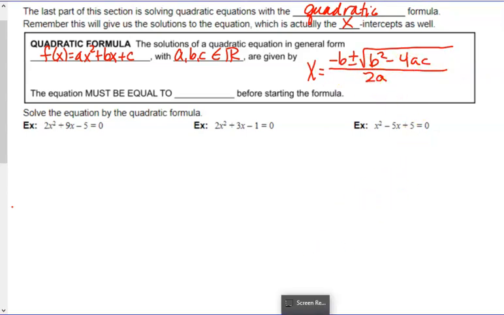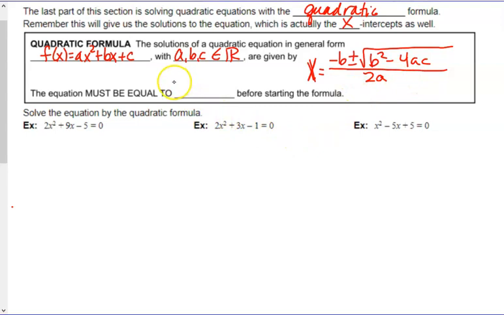Now, granted, I'm not the best singer whatsoever, but having a nice little tune to go along with it is very important because it is a big formula and it is one that is important to know. So that makes it a little bit easier. Again, no judgment on the singing part, but x equals negative b plus or minus the square root of b squared minus 4ac all over 2a.